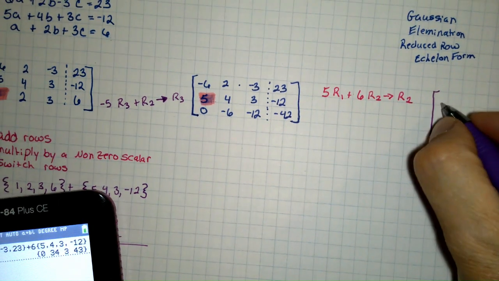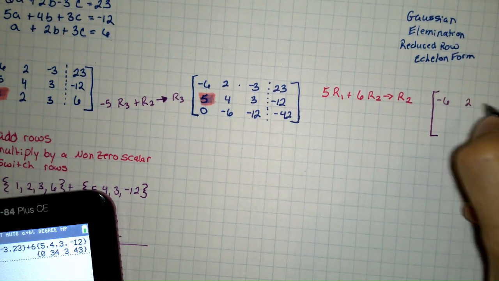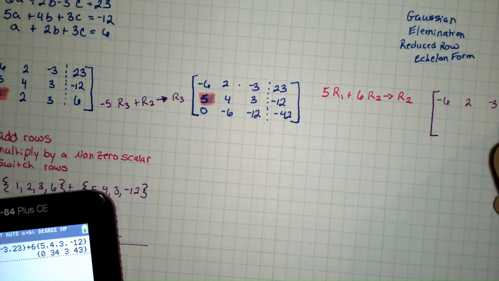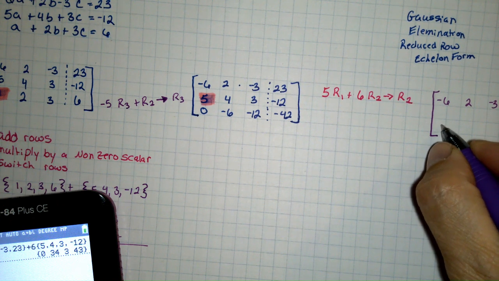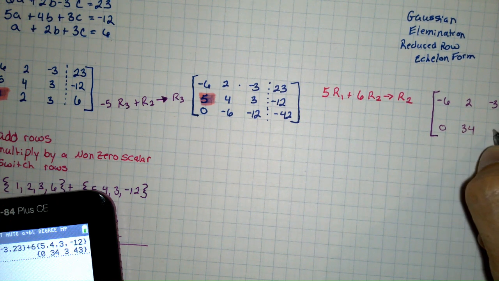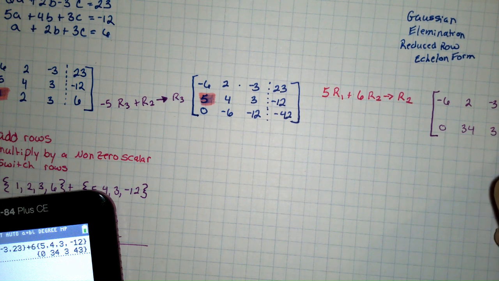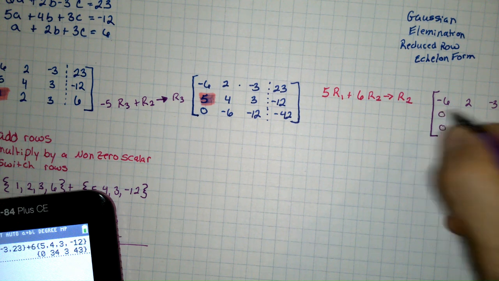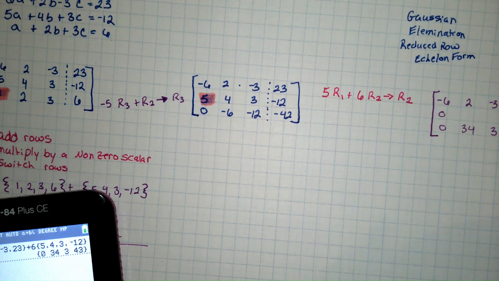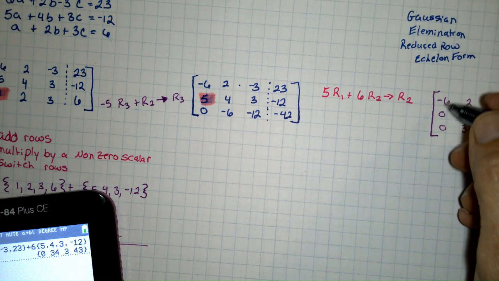So that top line is still -6, 2, -3, 23. The bottom line is 0, 34, 3, and 43.